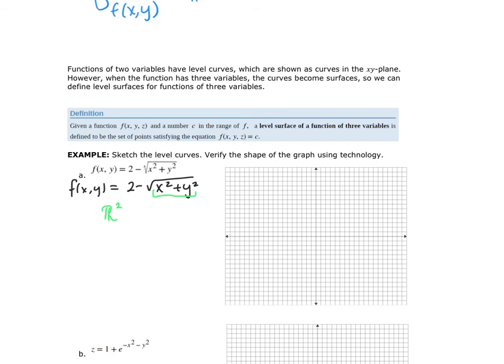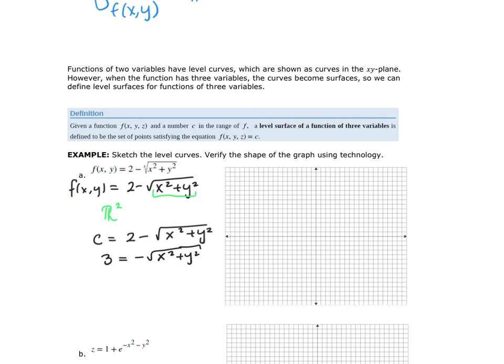Now, the other thing that we need to think about is what would be the output. We have some c, which I have as 2 minus the square root of x squared plus y squared. So could I put in c being 5? Well, no, because if I put c as 5 right here, then I'd end up with 5 minus 2, which is 3, and 3 is equal to negative the square root of x squared plus y squared, and 3 is never going to equal a negative number because the square root is going to be positive.